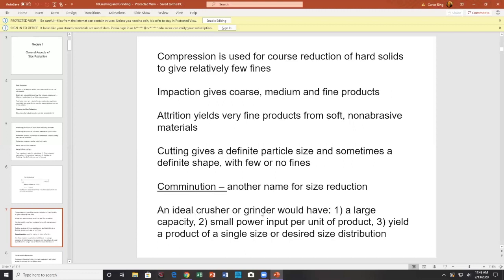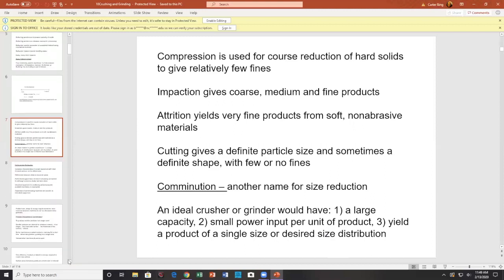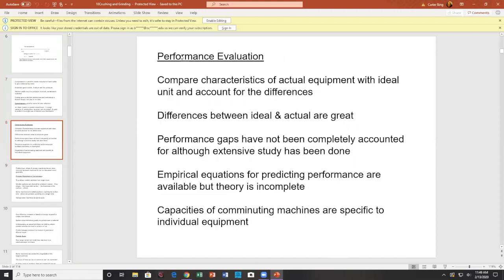An ideal crusher or grinder would have large capacity and low power input per unit of product, and yield the size distribution desired, for a single size. Performance evaluation: characteristics of actual equipment versus the ideal unit, and accounting for these differences. The differences between ideal and actual are very large.